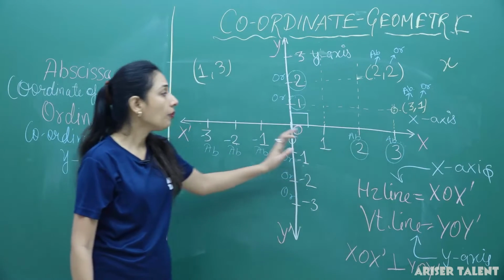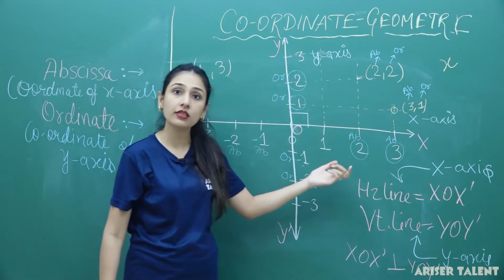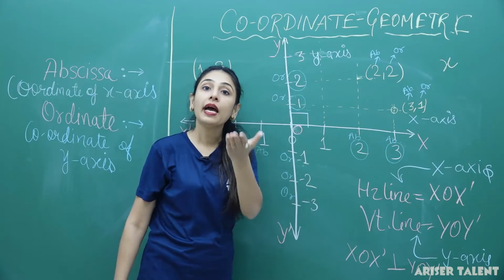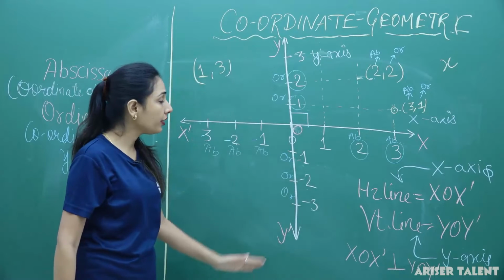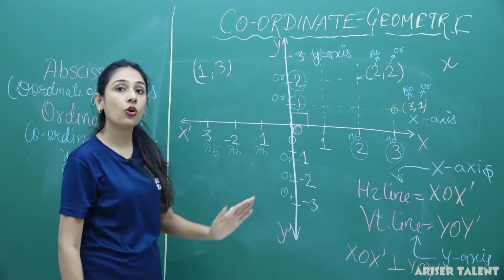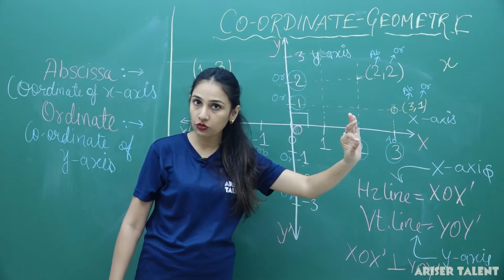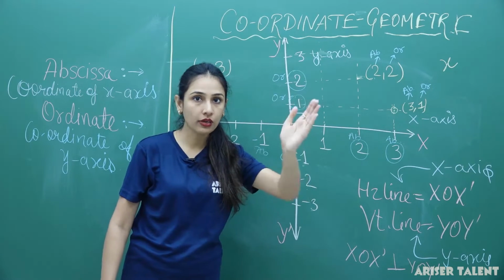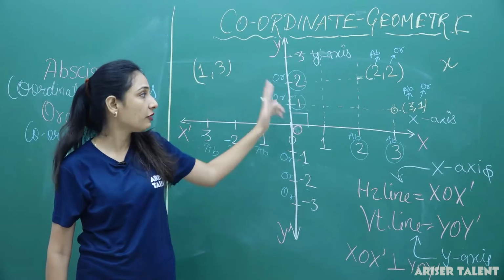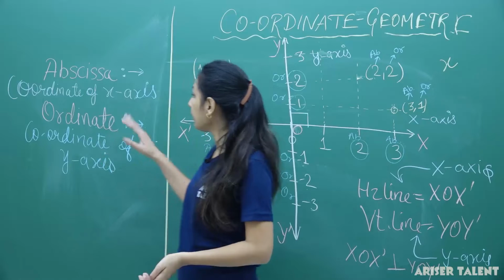So the points or the coordinates on the x-axis will be known as abscissa, and the points or the coordinates on the y-axis will be known as ordinate. Just remove the C and O also, ordinate remaining. So that will be of y. Okay, noted? Noted it completely?